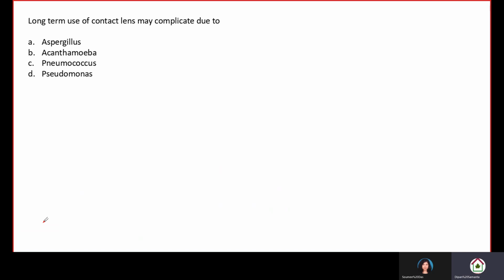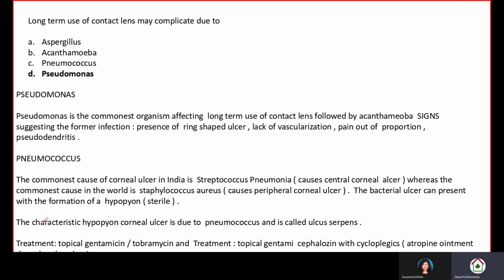Long-term use of contact lens may be complicated by Aspergillus, acanthamoeba, pneumococcus, or pseudomonas. Pseudomonas will be the answer. It is the most common organism affecting long-term contact lens wearers. Must be remembered, a very important question. Everything about contact lens is very important.